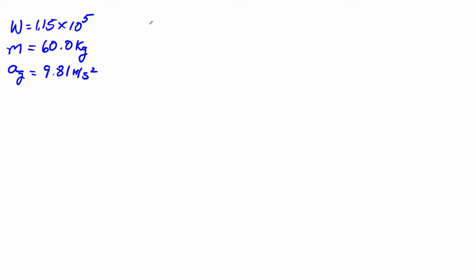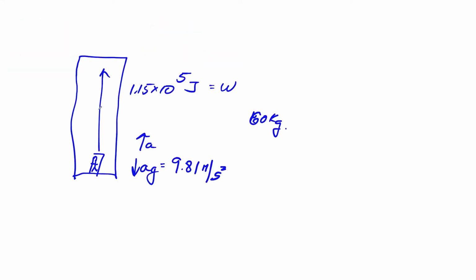Now, our equations are F is equal to ma, and work is equal to force times distance times the cosine of theta. Let's go back up to this drawing. You in the elevator are going up. The work that we have is going up. All the force is being pulled on the body going up, and there is something going down, but again these two are going to be equal to each other because velocity is constant.